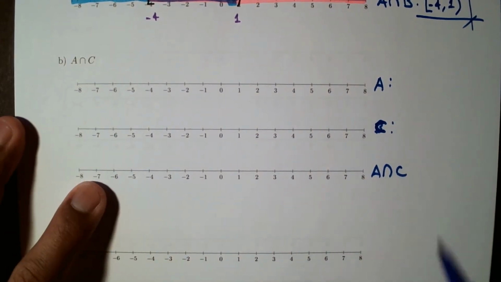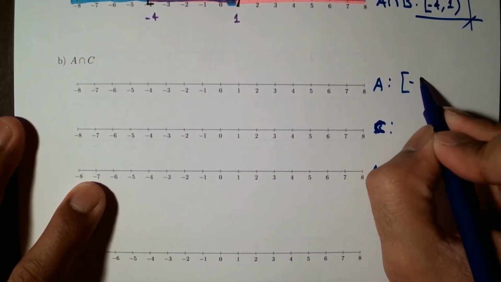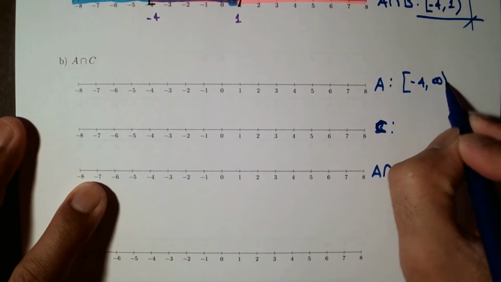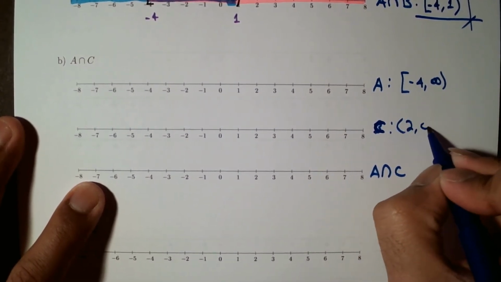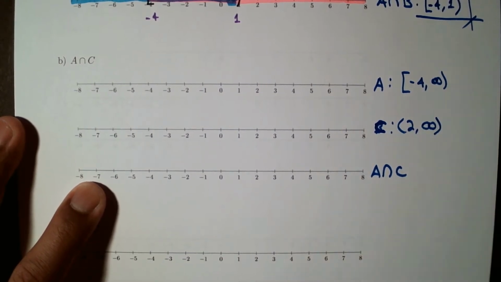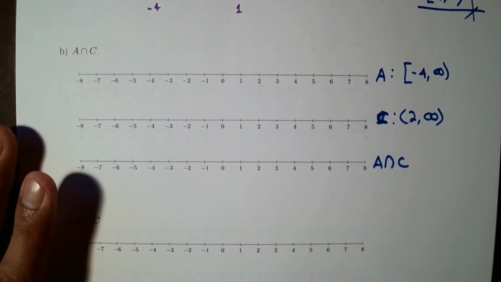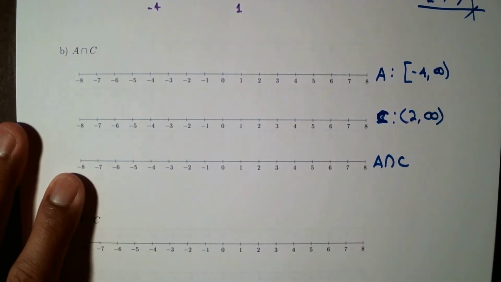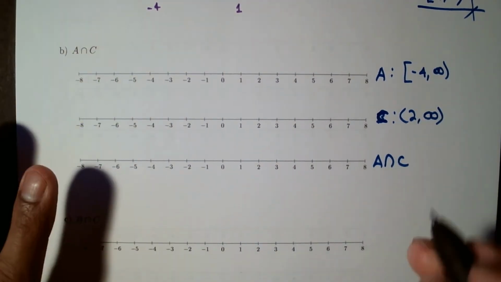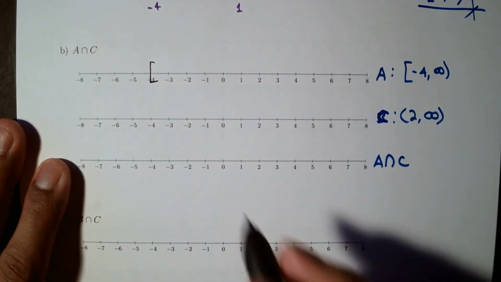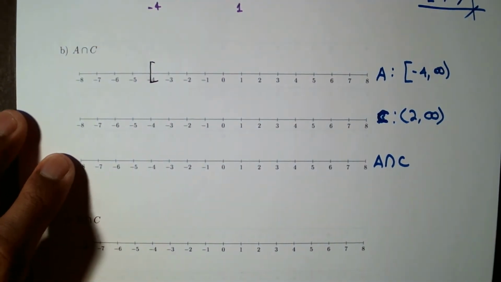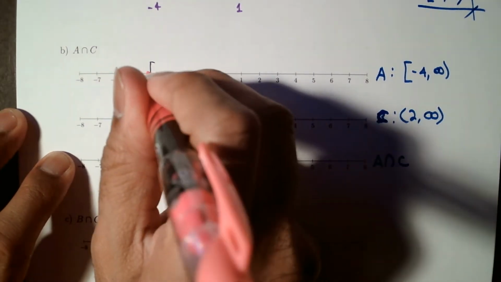If you look at the top of the page, A again is -4 to infinity, and C is 2 to infinity. So let's draw these sets. From -4 to infinity, that's what we're going to have. I'm going to use pink for this.